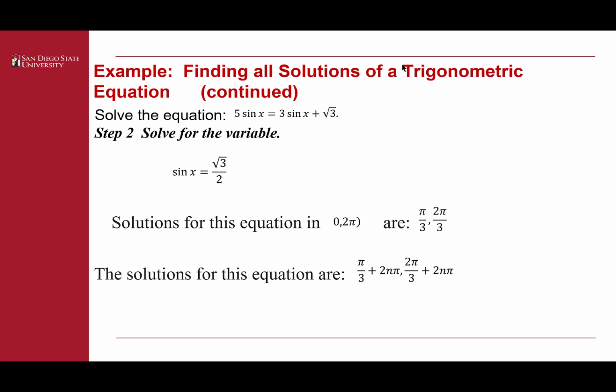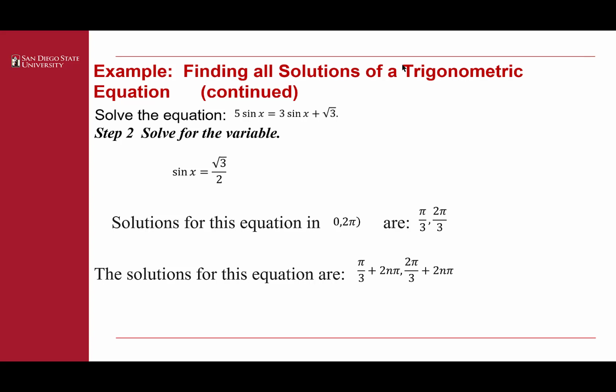We already get sinus x equals to square root 3 over 2, but since the intervals are not given, it could be an infinite number of solutions. For the unit circle, for 0 to 2 pi, solutions are only pi over 3, which is 60 degrees, and 2 pi over 3, which is 120 degrees.